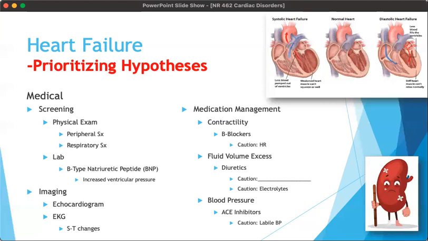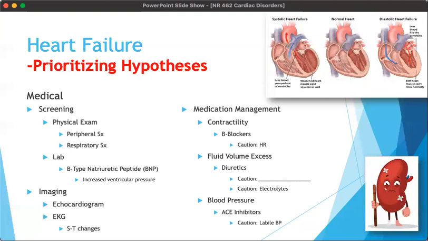Speaking of hypotension, these patients are going to be getting diuretics, because a lot of our symptom presentation is about fluid volume excess. We have a backing up of fluid into interstitial spaces, either into circulation or into the respiratory system, depending on which side of the heart is failing. Whenever we're giving diuretics, we always want to look out for giving too much, like an overdose of diuretics, which would be dehydration.